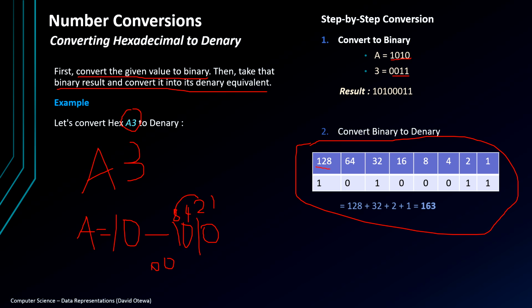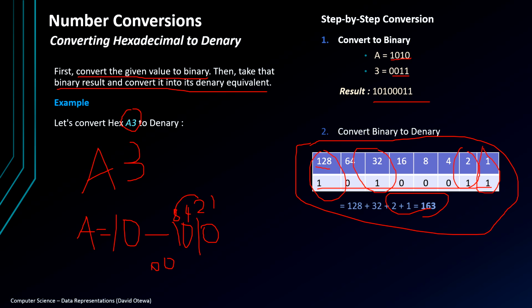Then we put the binary digits into the column. So 10100011. Then that's 128 plus 32 plus 2 plus 1. It's 163. So that's how we convert from hexa to decimal.